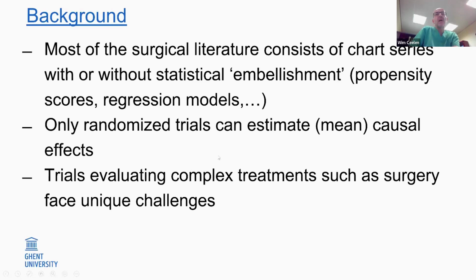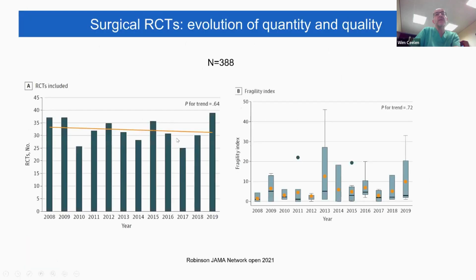So we really need randomized designs in order to be able to estimate causal effects of treatments. And the same holds for surgical interventions, but as we all know, and Maria will get into some more details after my lecture, surgical trials are faced with very specific complexities, and the question is how can we tackle that?